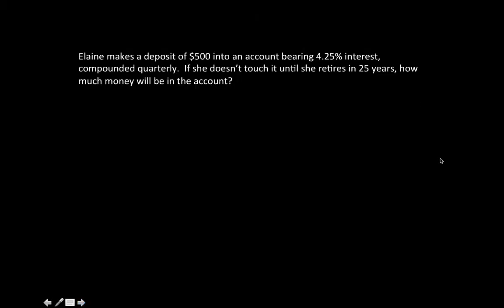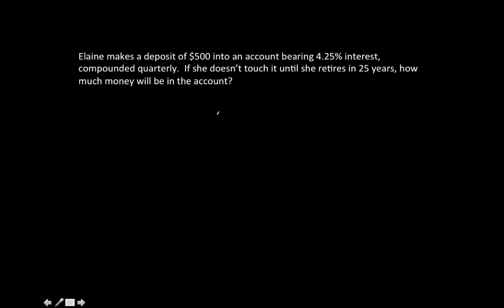Okay, so now we have Elaine making a deposit. I gave you on the page the formulas associated with this, but basically she's going to get 4.25% interest compounded quarterly, which means every 3 months they calculate and add.